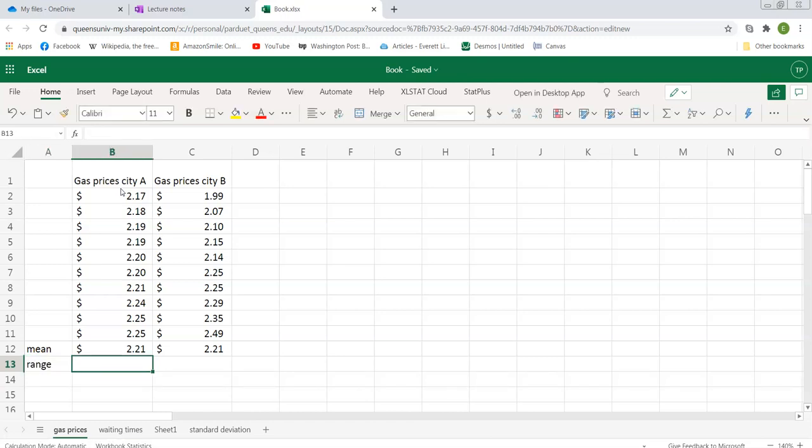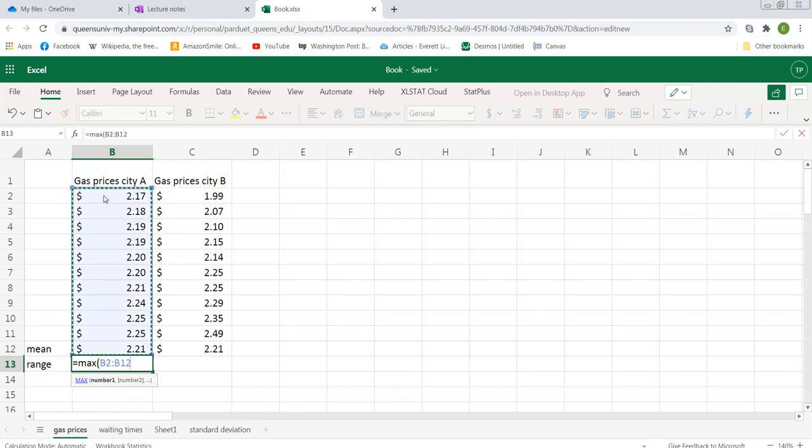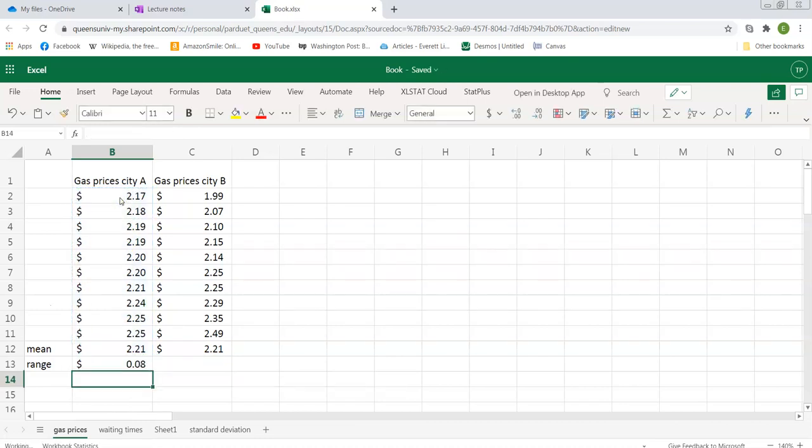So the two key measures that are relevant here is the range. So let's do the maximum minus the minimum. And this tells us that we have a range of 8 cents.